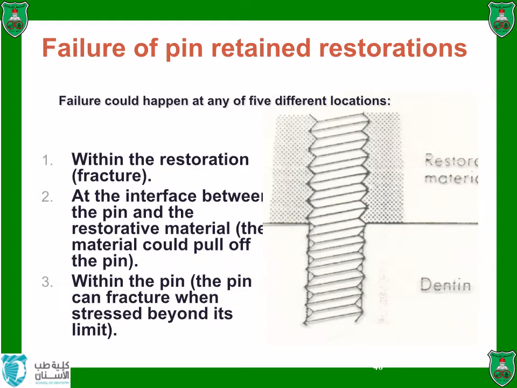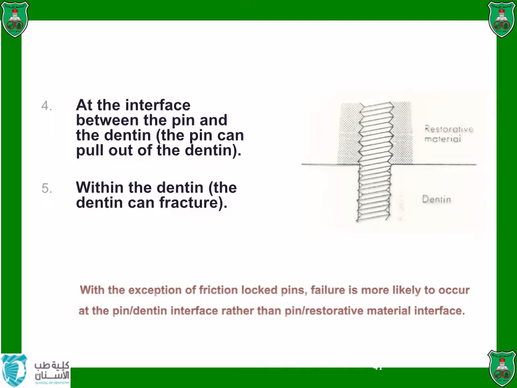The pin can fracture when stress is beyond its limit. It could be at the interface between the pin and the dentin, and the pin can pull out of the dentin. And finally, within the dentin itself, where the dentin will fracture. Now, number 4 is the most common type of failure, except with the friction lock pins.